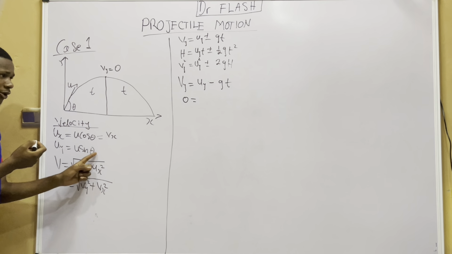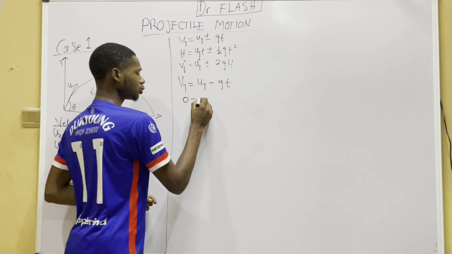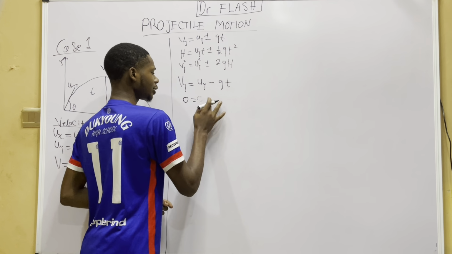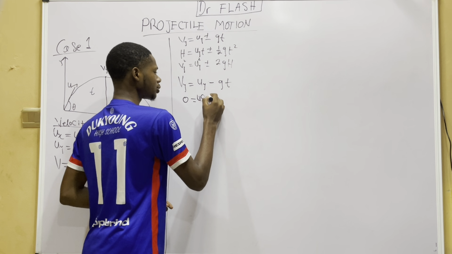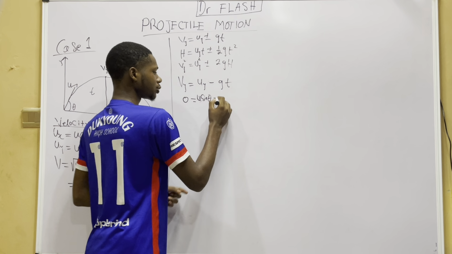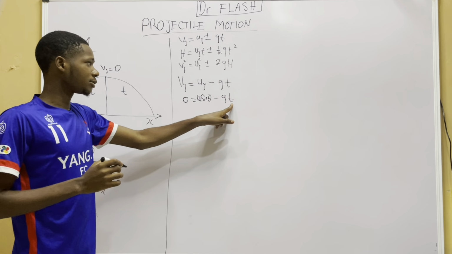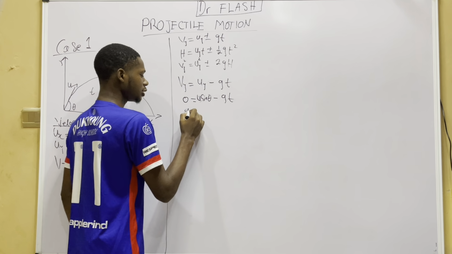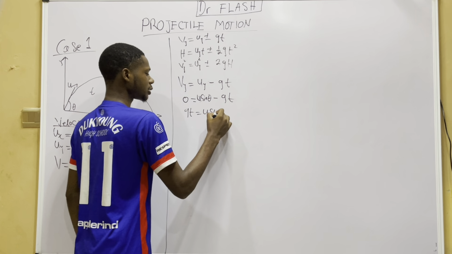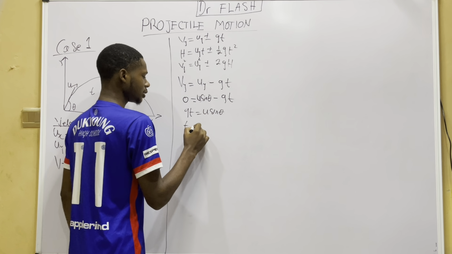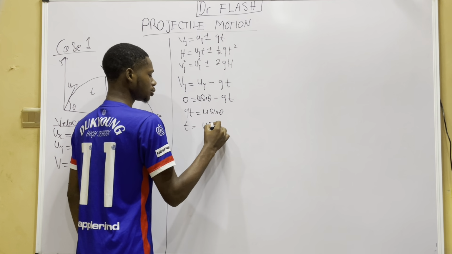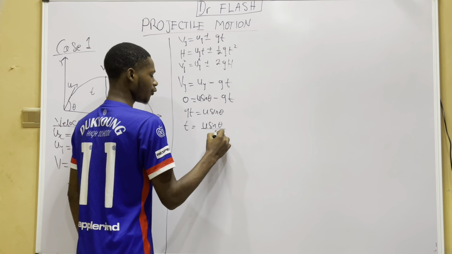Uy is always u sine of theta, so we can substitute. Then we have u sine theta minus gt equals 0. Making t the subject, we get gt equals u sine theta, and then t is equal to u sine theta over g.